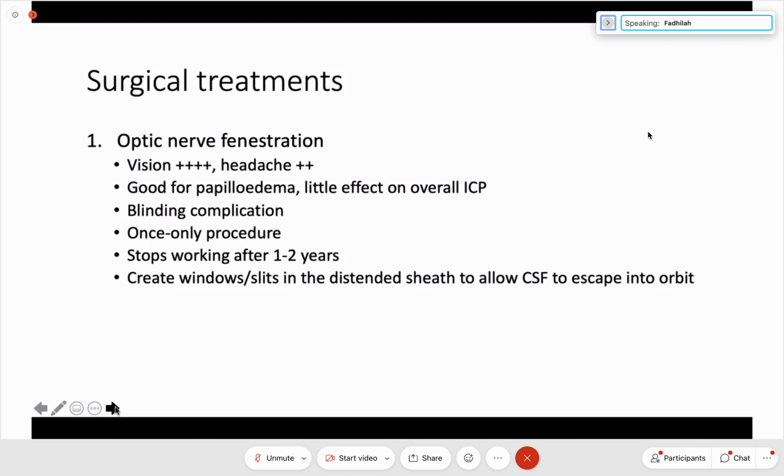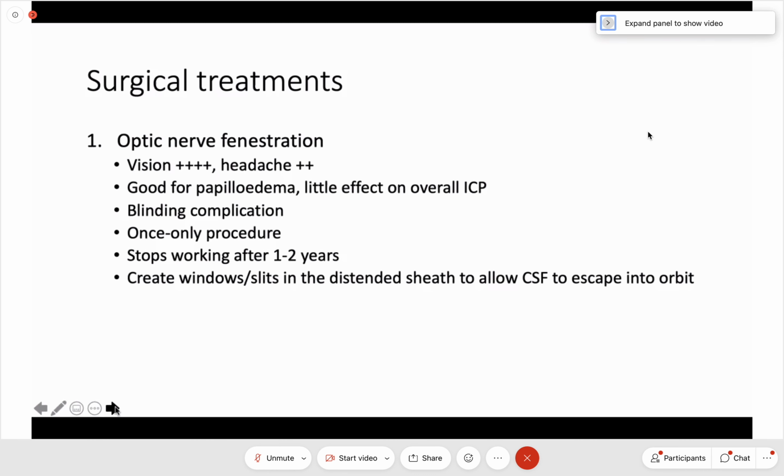Now, surgical treatment, optic nerve fenestration. You can do this if the vision is mainly affected, more so than the headache. So it's good for papilledema, but it has little effect on the overall ICP, meaning you can reduce the pressure encircling the optic nerve, but not the main pressure within the brain.